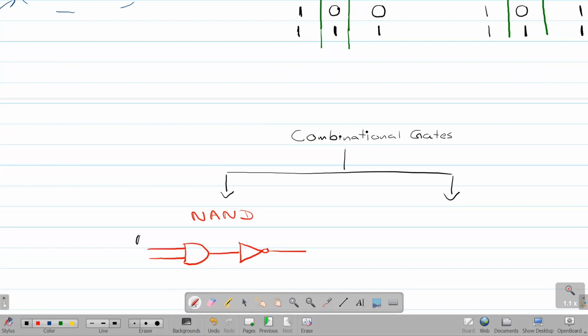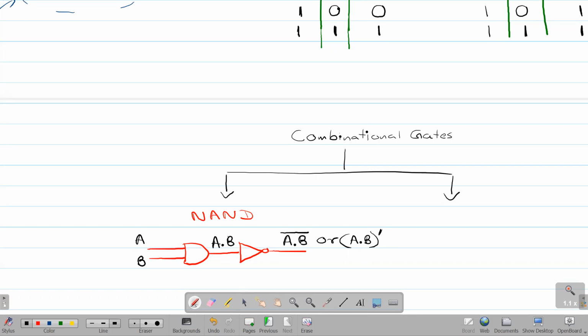So when A and B are given, this produces A dot B, and the NOT gate will give you (A dot B) total bar, or we can say A dot B within brackets, and outside we have a dash.